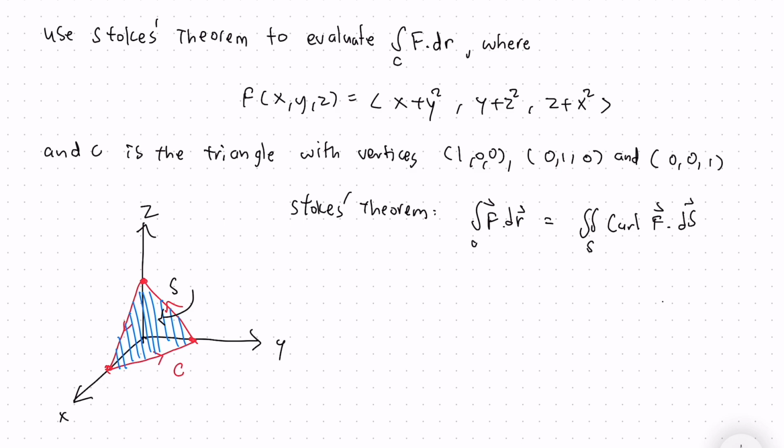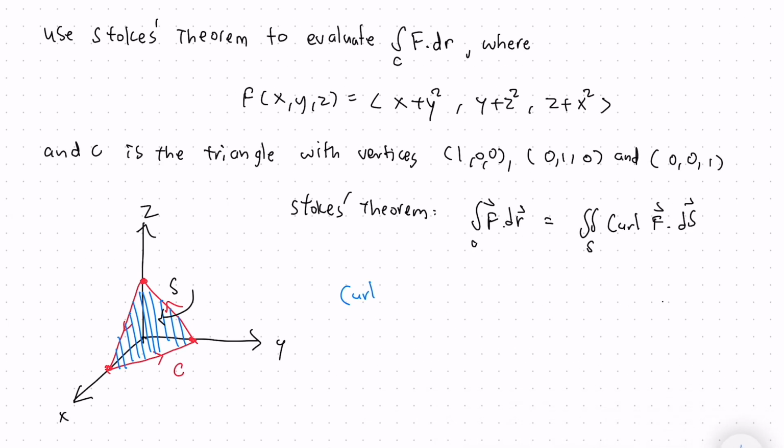Now if we are going to do it this way, the first thing we should do is compute the curl. So the curl of our vector field F is a formal cross product between the del operator, the partial derivative operator d/dx, d/dy, d/dz, and the components of the vector field.